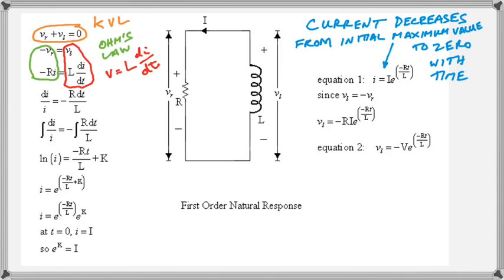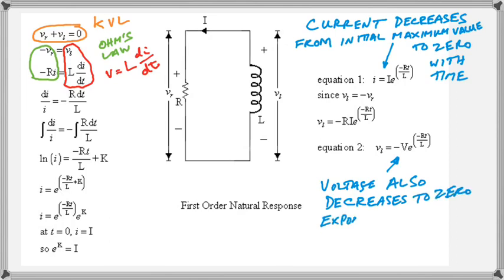So we're not going to labor anymore. Both the current and the voltage decrease exponentially to zero over time.